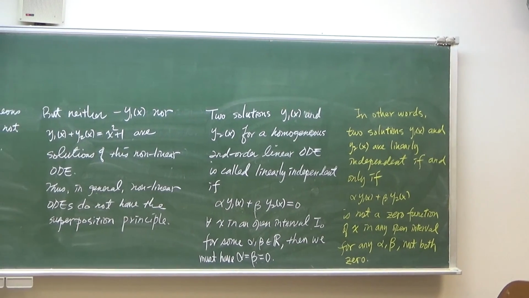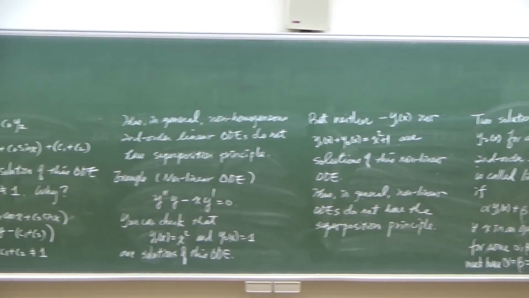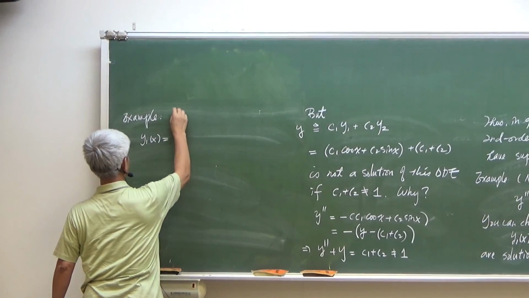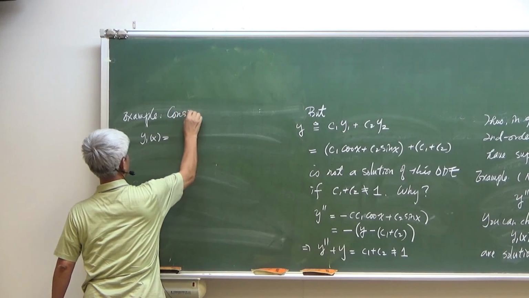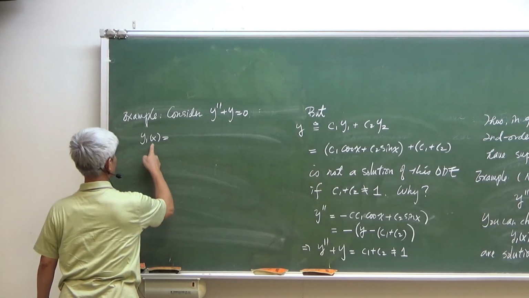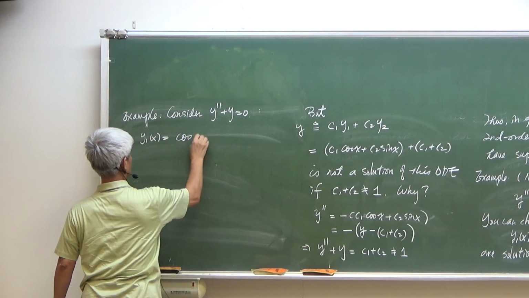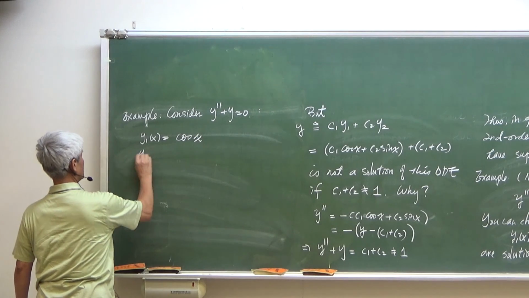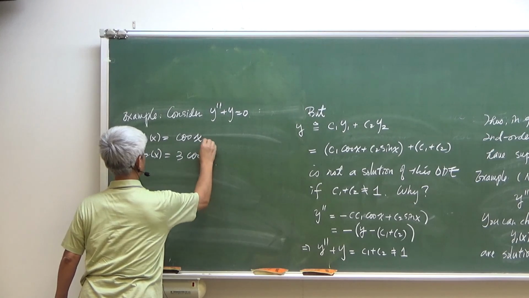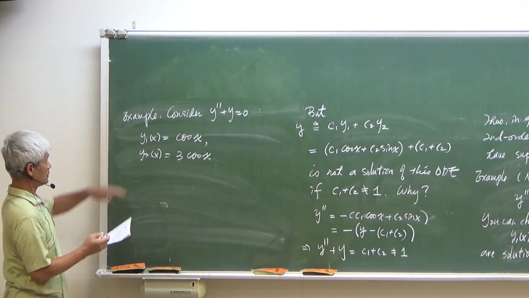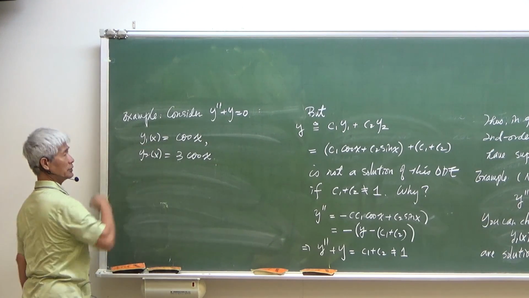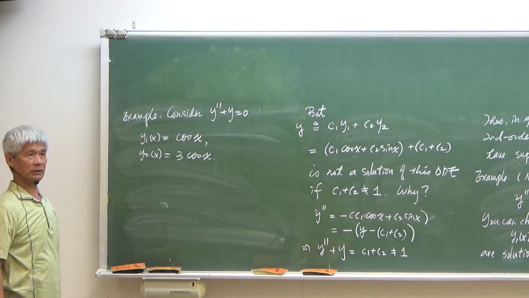Example. Consider y1(x) equals cosine x, which is a solution, and y2(x) equals 3 cosine x. Right. So we have two solutions. But these two solutions are linearly dependent. Why?